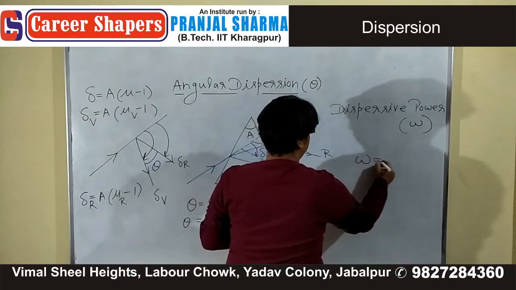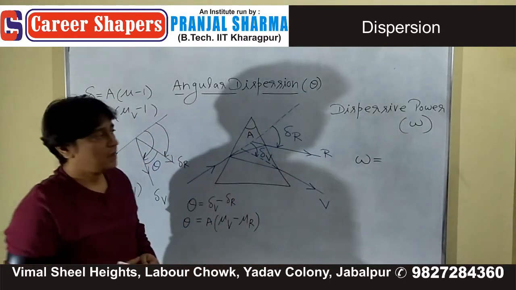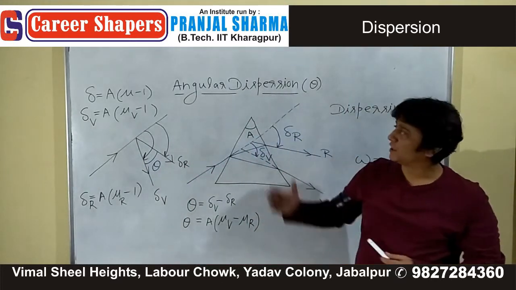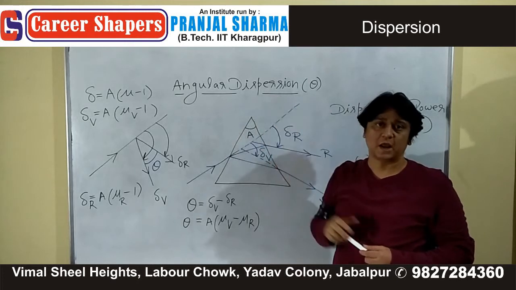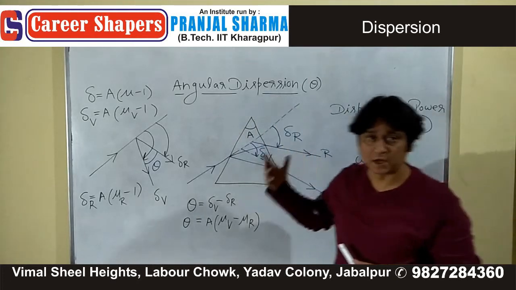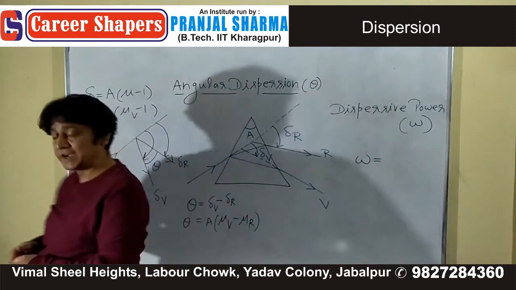Dispersive power is defined as the ratio of angular dispersion and deviation for mean color. Write down the statement.